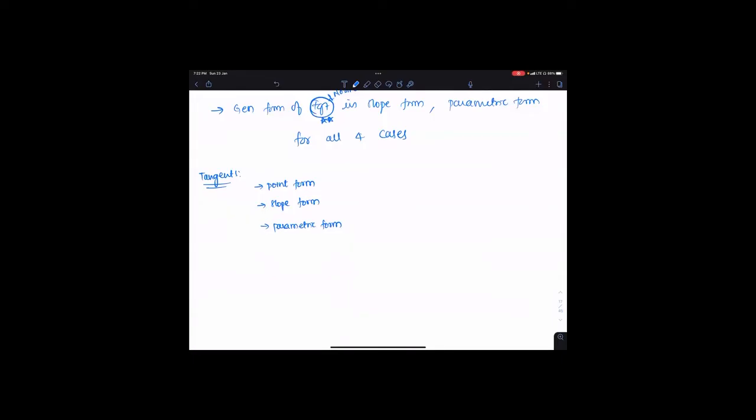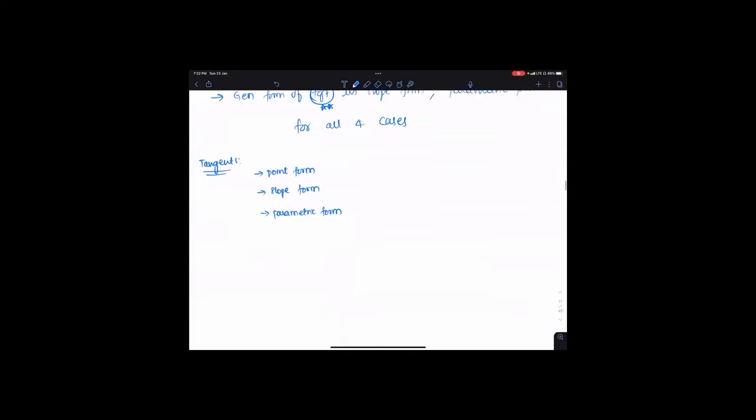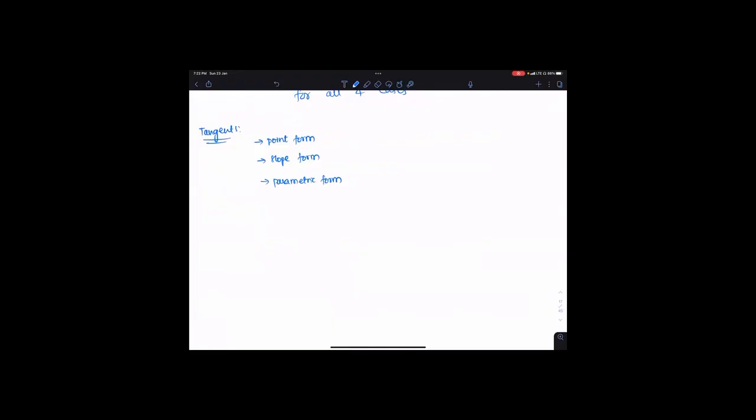Point form, which we haven't seen till now, is very straightforward. You would have seen something like S1 equal to 0, or in some books T equal to 0. That is a common notation.